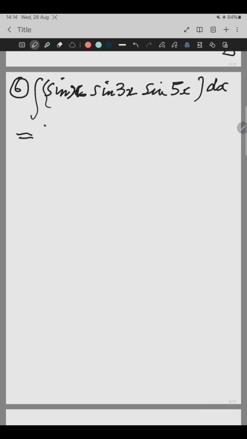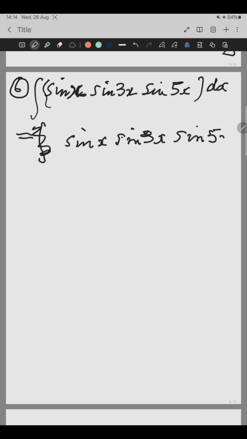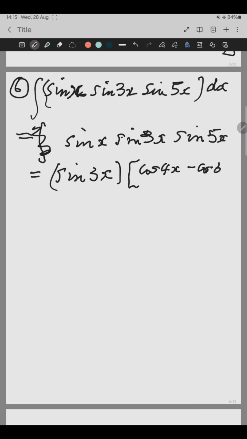So first of all, I'll leave out the integral signs for just now and just look at the function sin x times sin 3x times sin 5x, and write that as sin 3x, and then the other pair combine using the factor formulas to cos 4x minus cos 6x, all divided by 2.